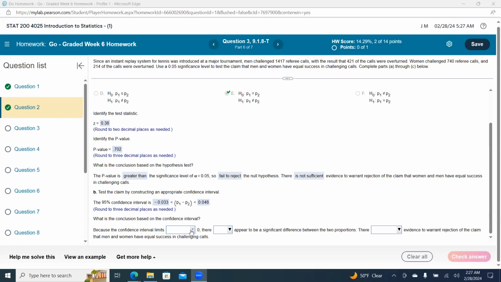Okay, so let's do this here. If the interval contains 0, that means we don't have enough evidence to reject the null. It does not. It does include 0. There does not appear to be a significant difference.